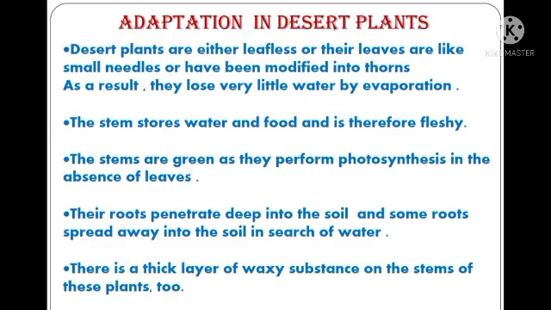Now, the next adaptation in plants is adaptation in desert plants. Let's see how desert plants have adapted themselves for survival in their surroundings. Desert plants are either leafless or their leaves are like small needles or have been modified into thorns. As a result, they lose very little water by evaporation.